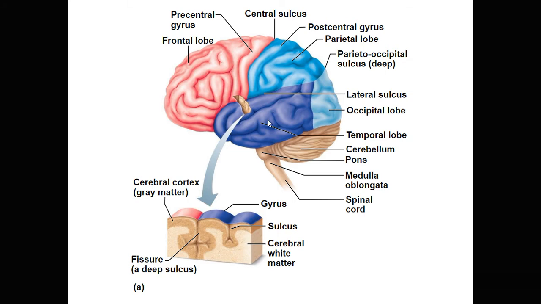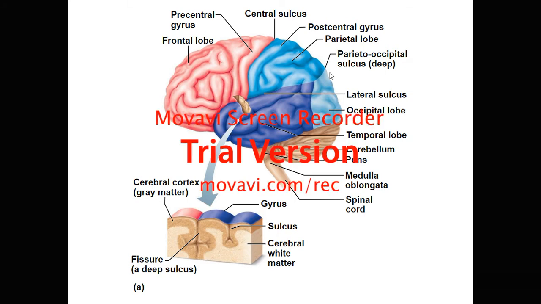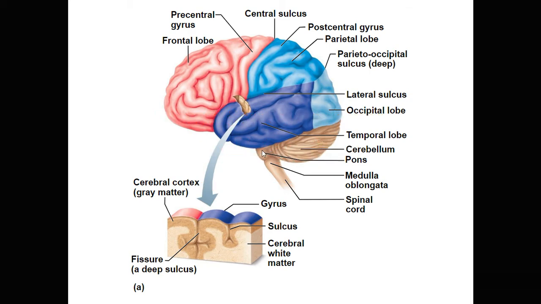And then you have the parieto-occipital sulcus that's going to separate the parietal lobe from the occipital lobe. And then right here you have the cerebellum, and then you have the pons and medulla, and then you have the spinal cord.